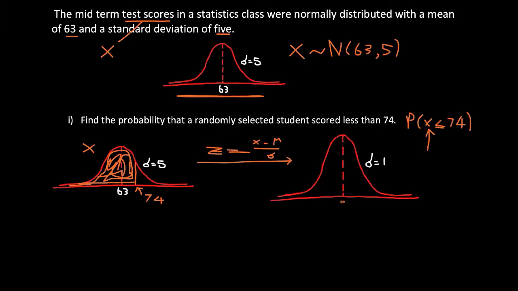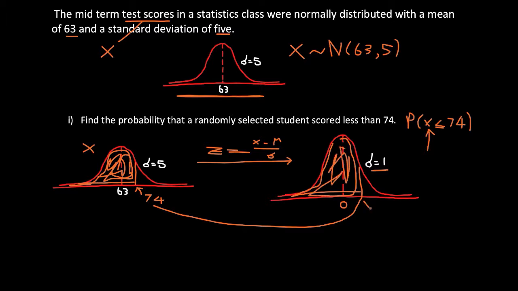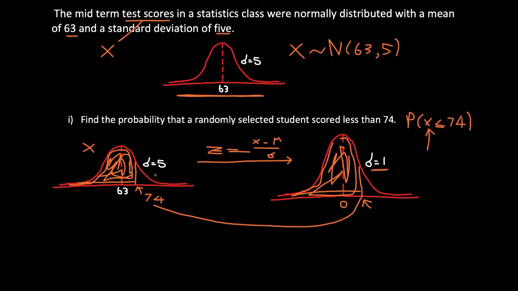We can convert this x to the standard normal using this equation. For the standard normal, mu is 0 and sigma equals 1. So 74 should be somewhere here, and the area under the curve less than this number should be the same area over here.